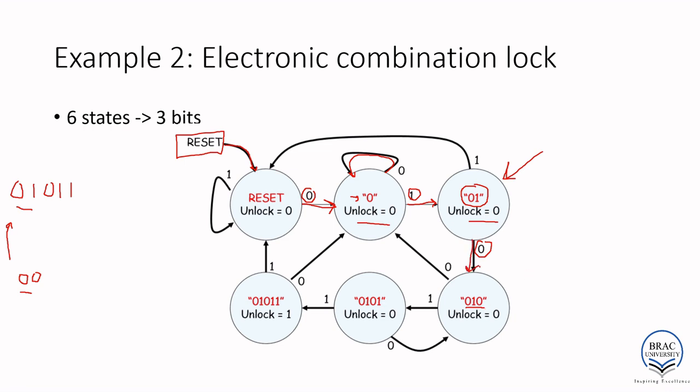And similarly, if someone presses another 1 after, we go to this state, so 0 1 0 1. And finally, when we are in this state, if someone presses another 1, we move to the next state, which is our 0 1 0 1 1 combination, which is our previous combination here.